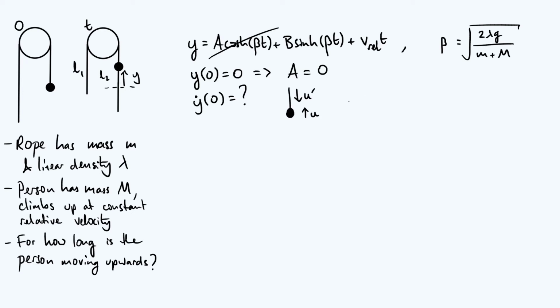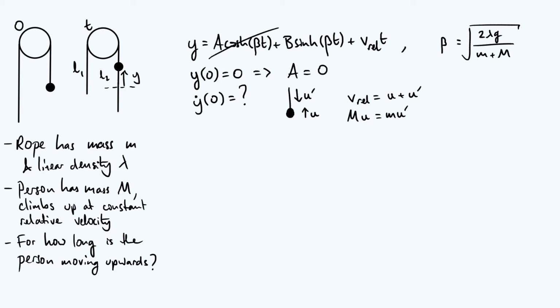Now, we know that the relative velocity, vrel, is just u plus u dash, because they're moving towards each other, you just add the velocities to get the relative velocity. The other condition that relates u and u dash, you can either think of it as conservation of momentum, or in terms of Newton's third law. But the idea is that the person and the rope exert equal and opposite impulses on each other. And so the person's mass m times their initial velocity u has to be the rope's mass, small m, times the rope's initial velocity, u dash.